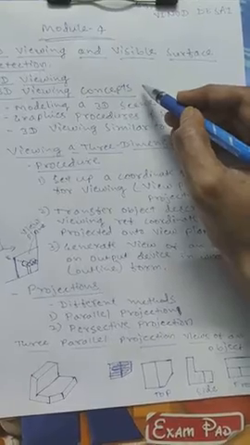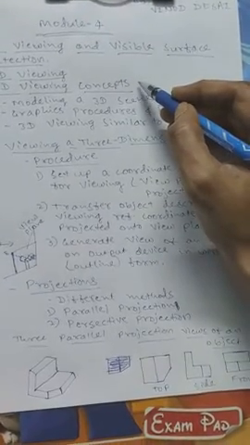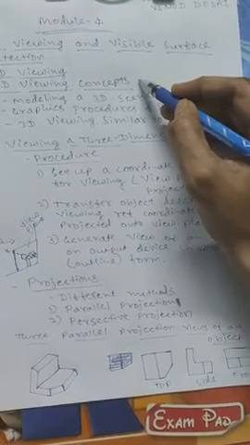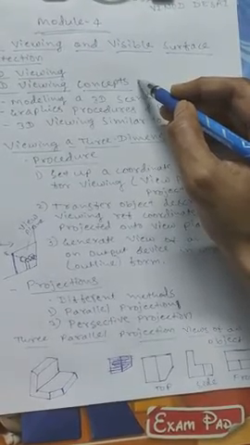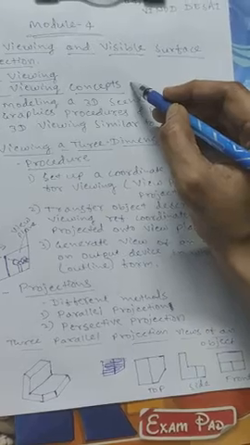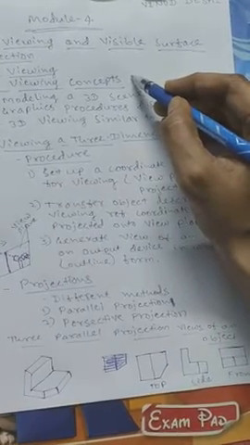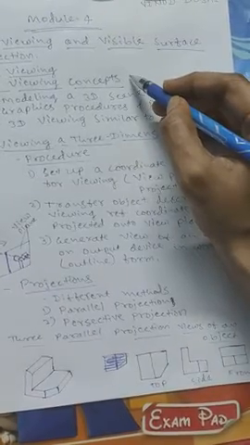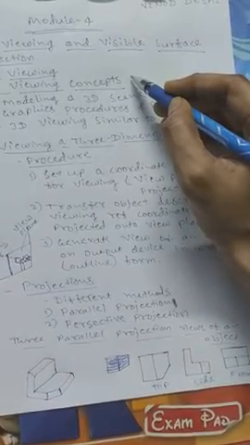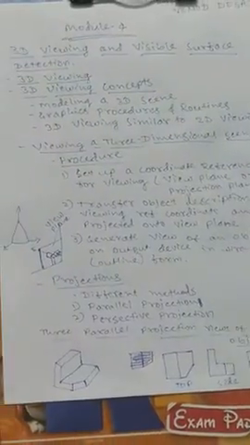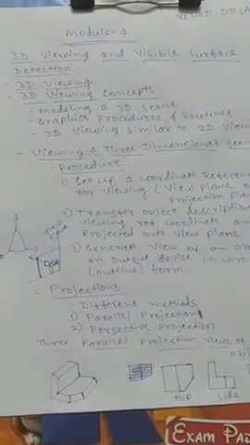For example, projection routines are needed to transfer the view of the scene onto a planar surface, visible parts of a scene must be identified, and for a realistic display, lighting effects and the surface characteristics must be taken into account. So that is what the 3D viewing concepts are.